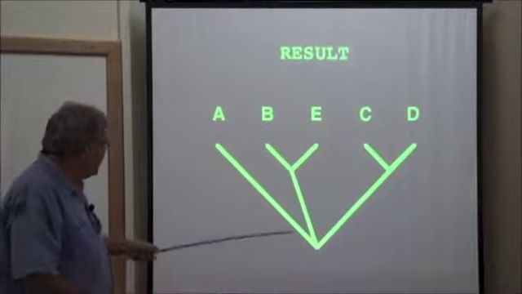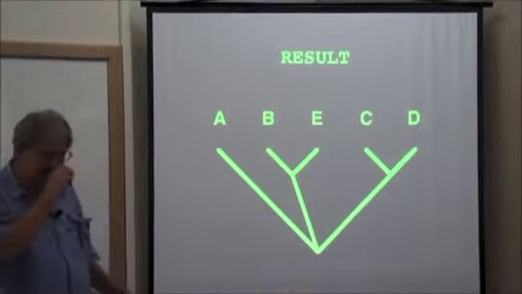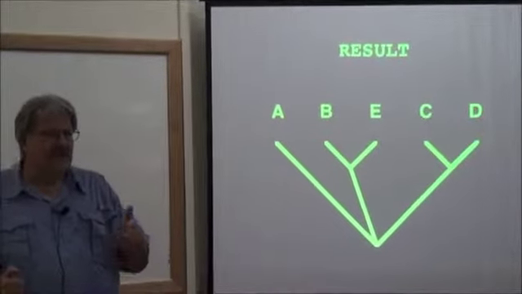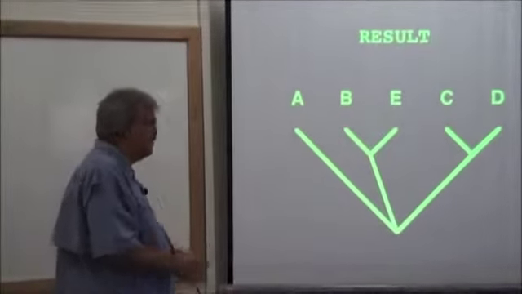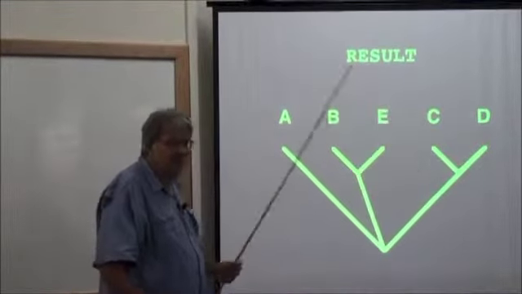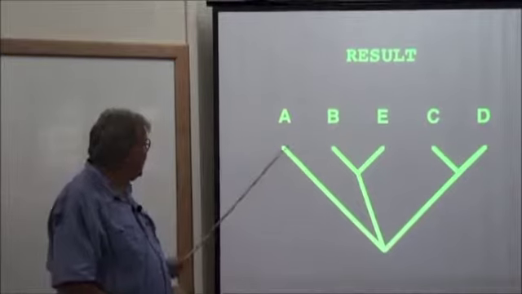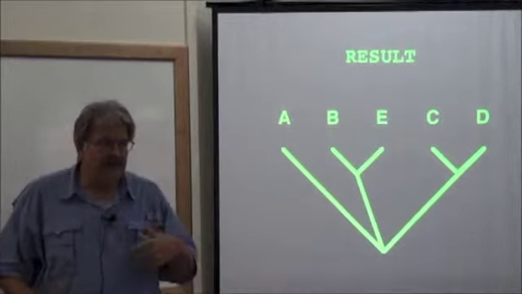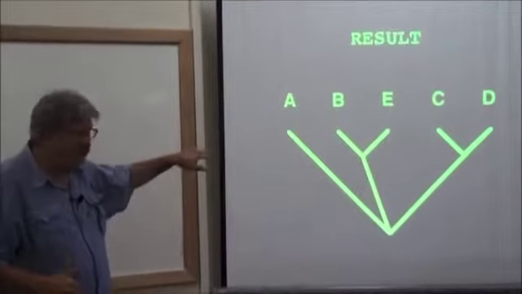And the fact that there's a trichotomy here, a polytomy here, means that there is no information that tells you anything special about the relationship between these and these, except that both of them are connected to that in some way. So it's a possibility that that's reality.